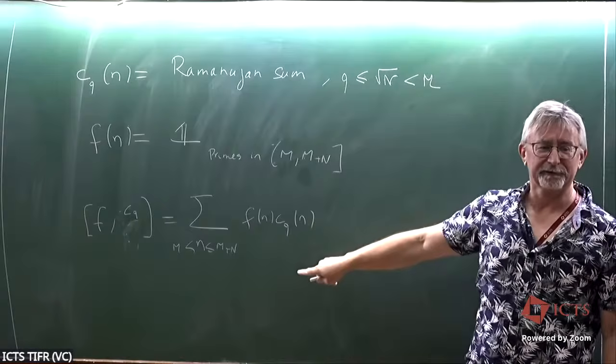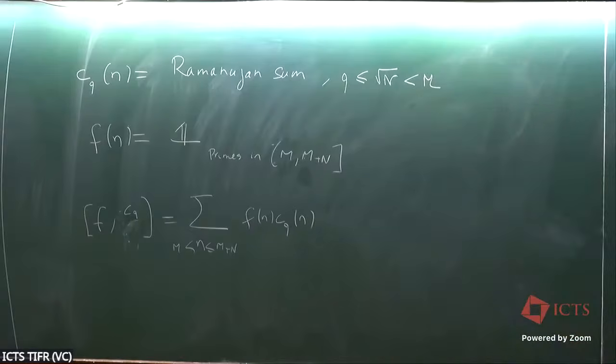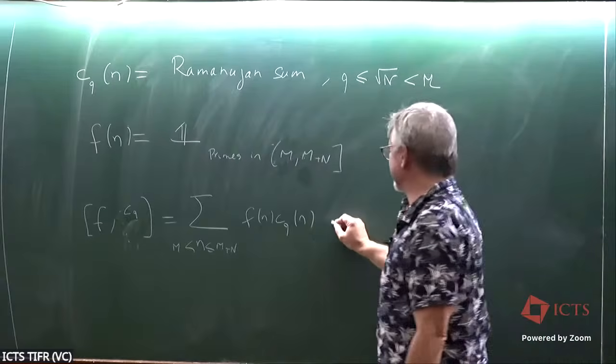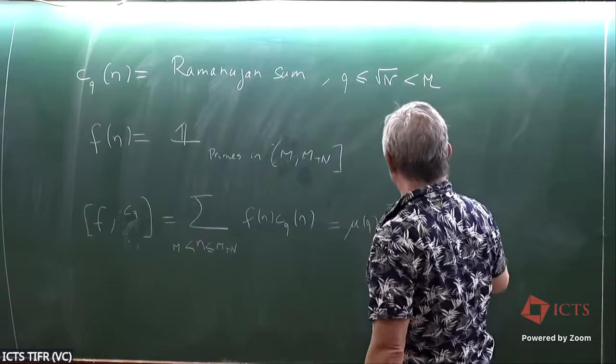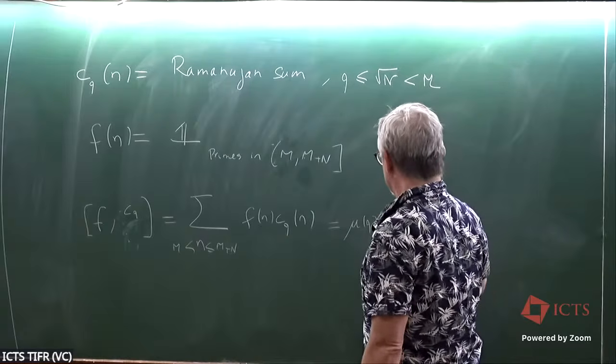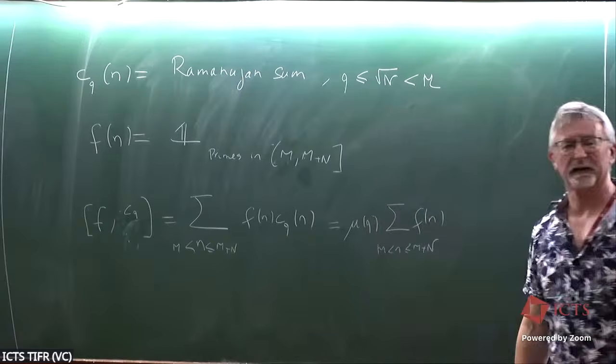A bit better? Mu of Q. This one is mu of Q times the sum of f of n.